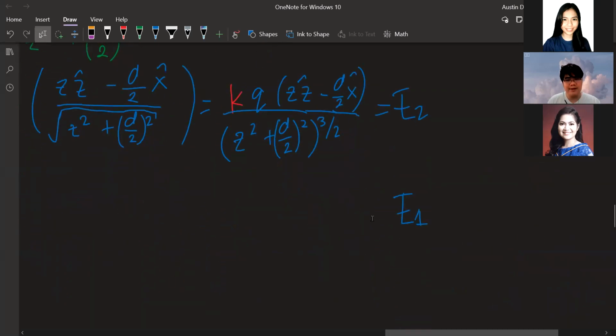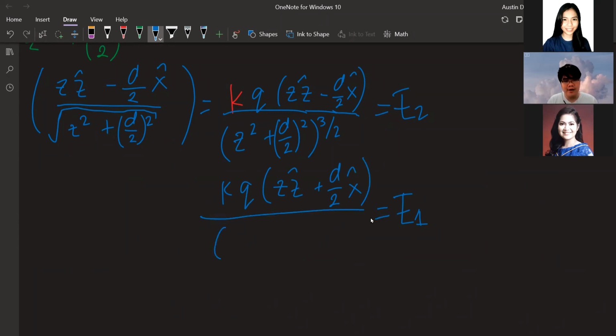So E1 is just, let's write, Q over Z hat plus D over 2 X hat. And then we have this very complicated denominator, D over 2, to the 3 halves.